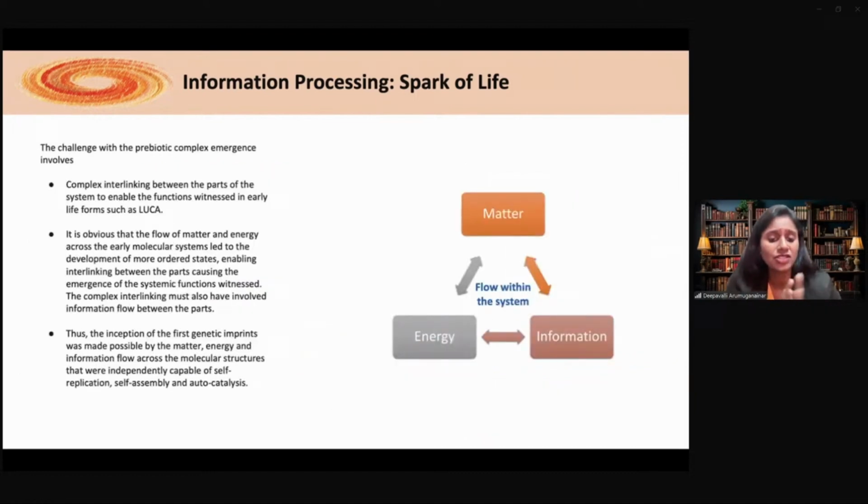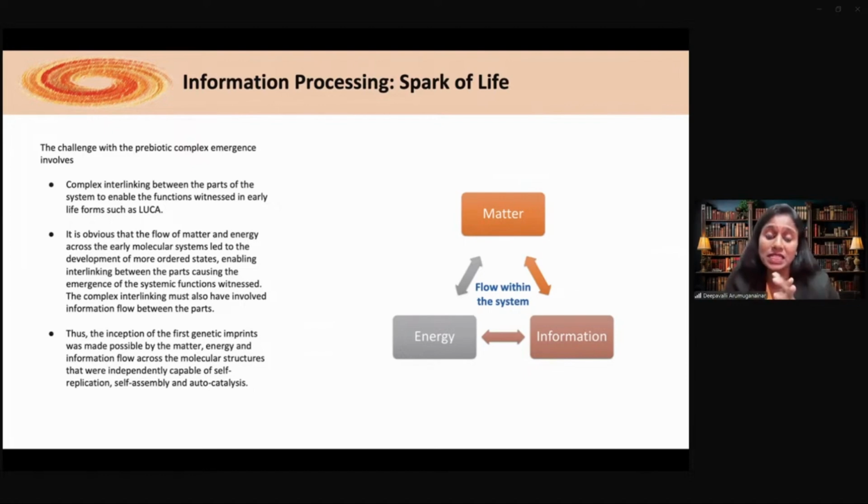Now, the challenges with the prebiotic complex emergence involve the complex interlinking between the parts of the system to enable the functions witnessed in the early life forms such as eukarya. It is also obvious that the flow of matter and energy across the early molecular systems have led to the development of more ordered states, enabling the interlinking between the parts, causing the emergence of systemic functions witnessed.